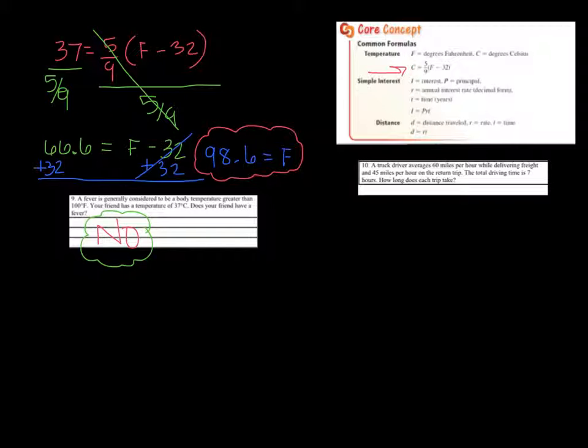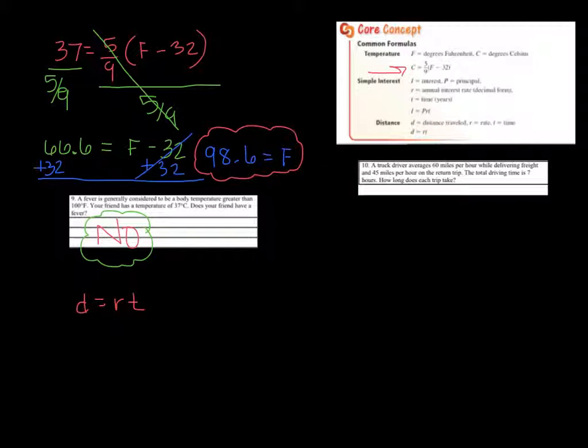Okay, so on this problem, we're actually going to have to manipulate the formula before we start plugging things in. So we know that distance equals rate times time. The only thing they gave us here is we know our rate and we know our total time.